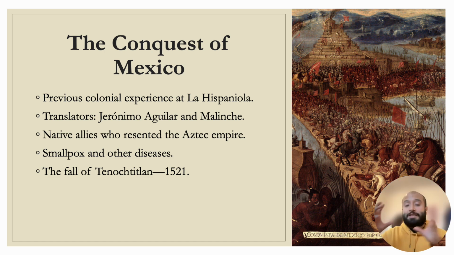So when this small group of Spaniards goes against the Aztec Empire, it's a very weakened army that they're going to find, because most of the fighting men of the Aztec Empire actually died because of smallpox and other diseases.